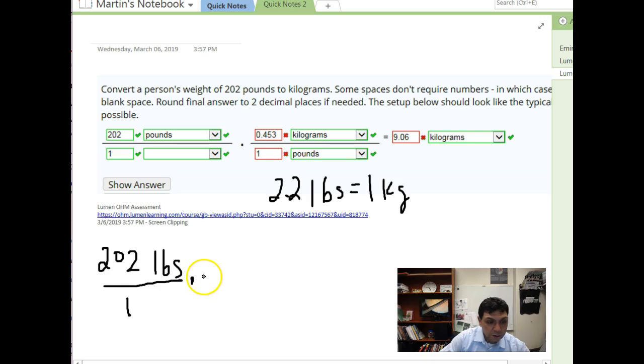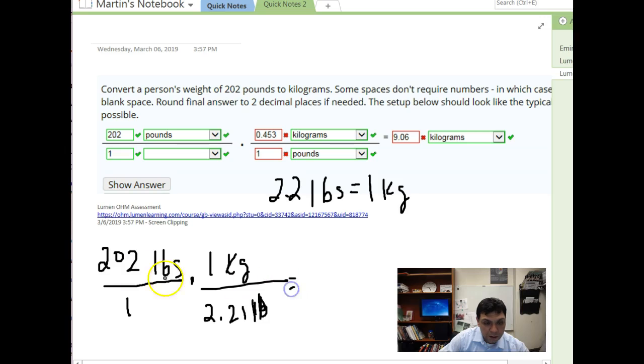So 202 pounds over 1 times, and in this case, it's going to be 1 kilogram for every 2.21 pounds. Then the pounds would cancel, and we're left with 202 divided by 2.21 kilograms.